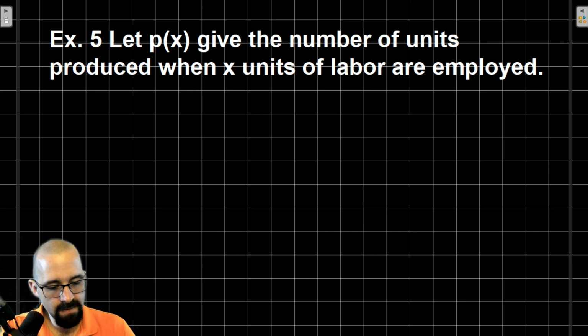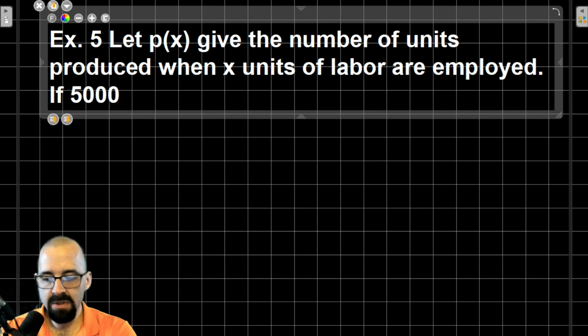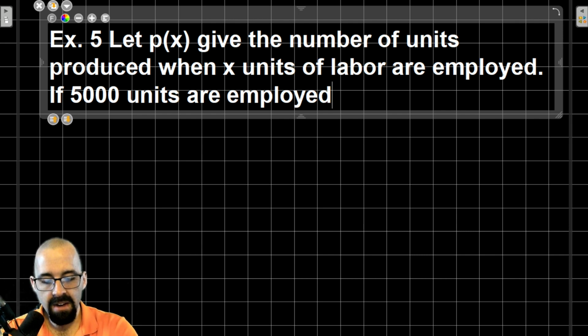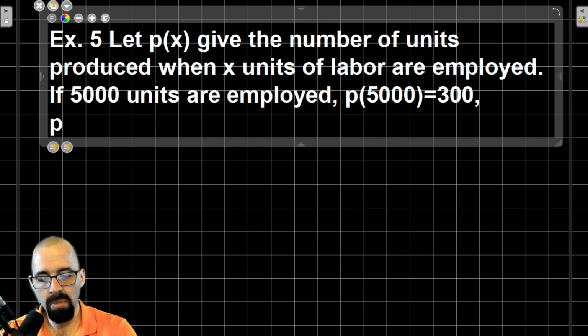So that's what P of X is representing. If 5,000 units of labor are employed, we say P of 5,000 equals 300, and P prime of 5,000 equals 2.